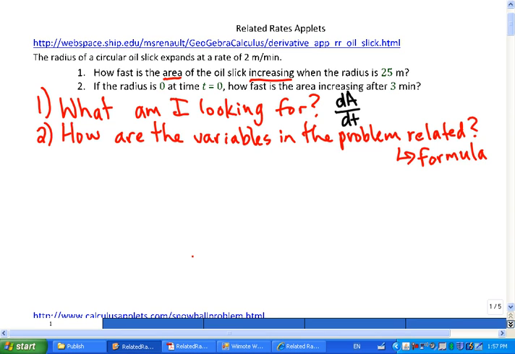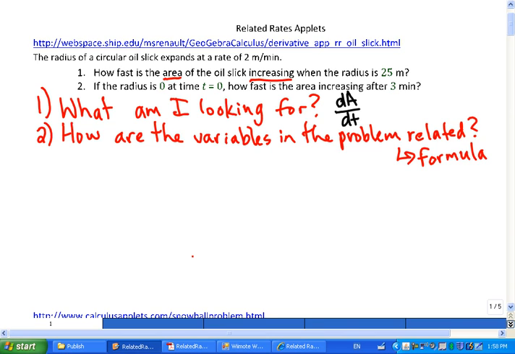The reason we just did that is because it leads nicely into these related rates problems. So how fast is the oil slick's area increasing? I'm looking for the change in area with respect to time. If you haven't already been doing so, it will make a lot more sense to you if instead of reading this as dA dt, you actually say in your head the change in area with respect to time.